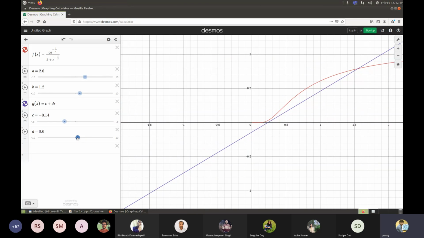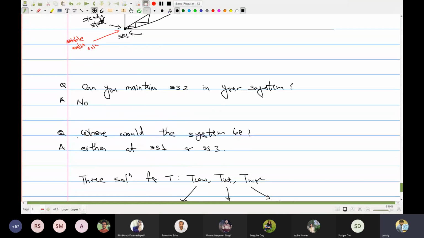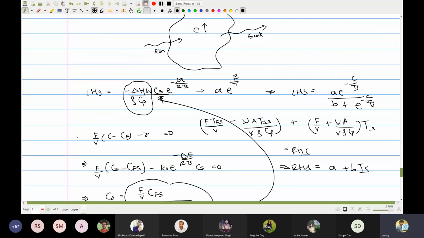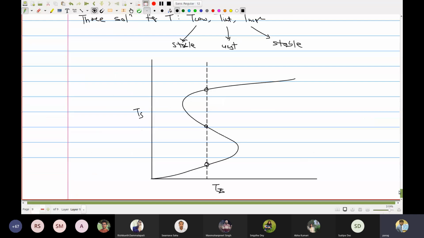How are these changing? These are changing as a function of the parameters in your system. So your system solution, your diagram, may look like this.